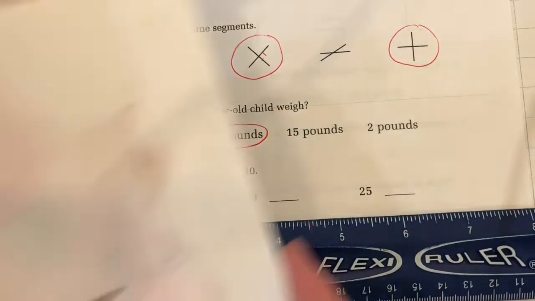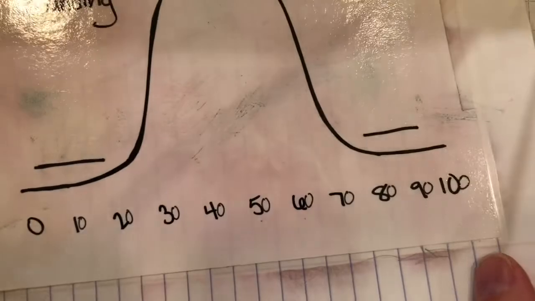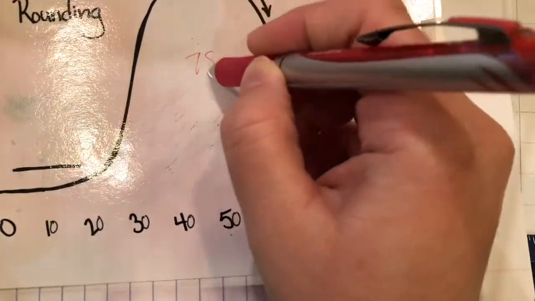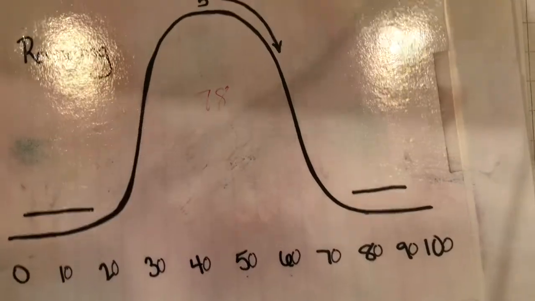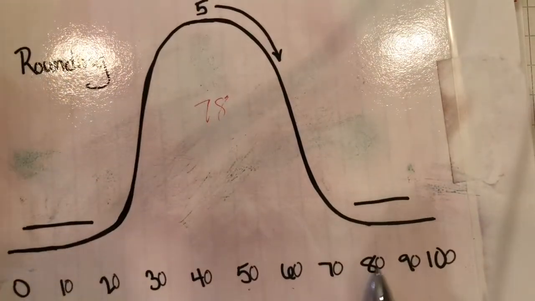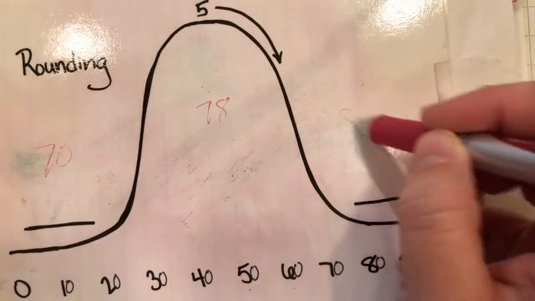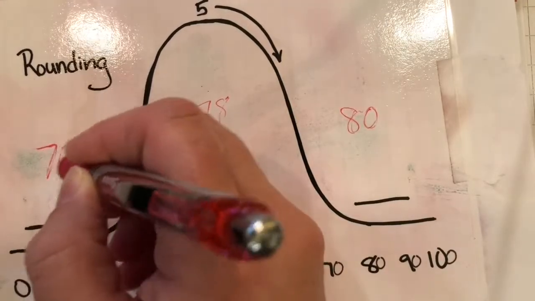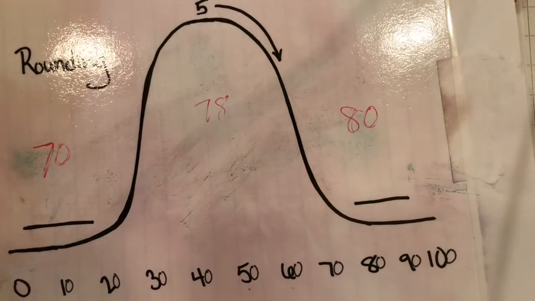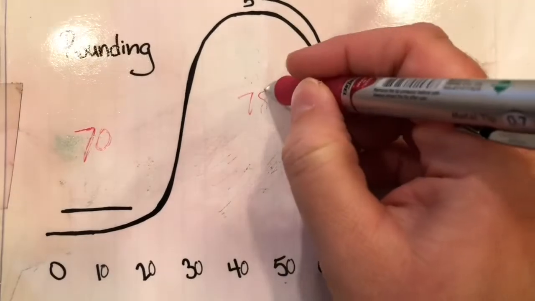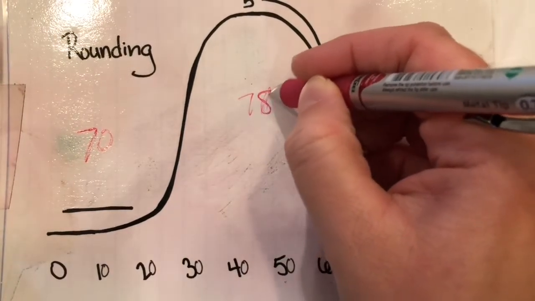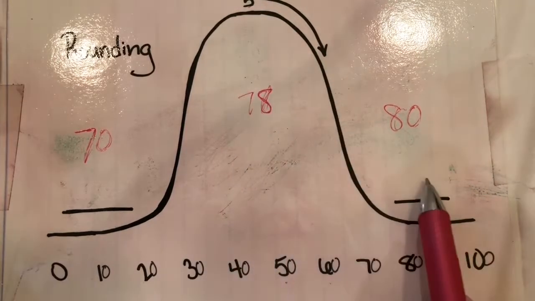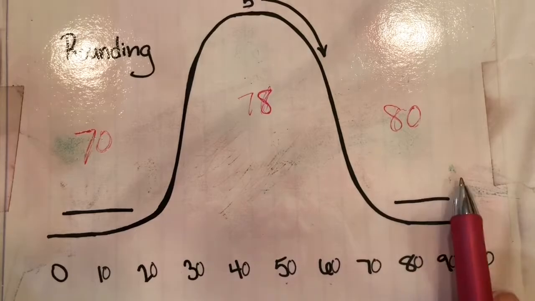Remember this, in your math journal, on page 26, you have this. So we're looking at 78, and that is right here between 70 and 80. I'm sorry, I don't have a whiteboard marker. I need to remember to put one by me. It's between 70 and 80. And this 8 is what we look at to determine if it's 5 or greater, then it goes down the roller coaster hill.